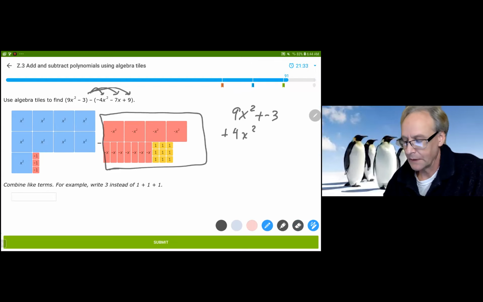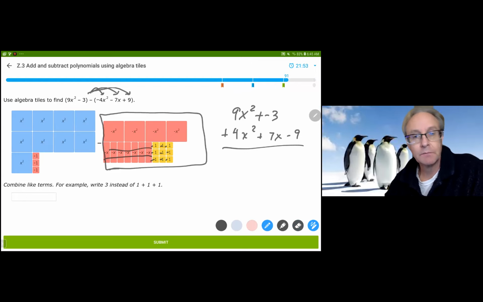There we go. And we have a plus 7x, because we're changing the sign of all these guys. And we're also changing the sign of all those ones, which gives us a minus 9 or plus a negative 9, because these all change their signs as well. And these are all now positive, okay? But just so you can see it.